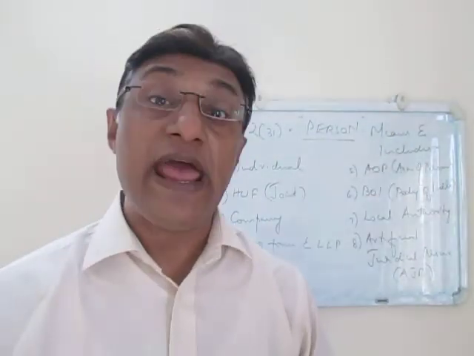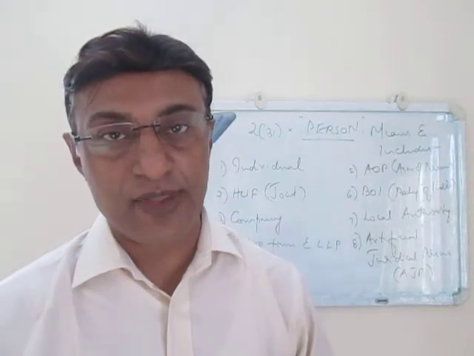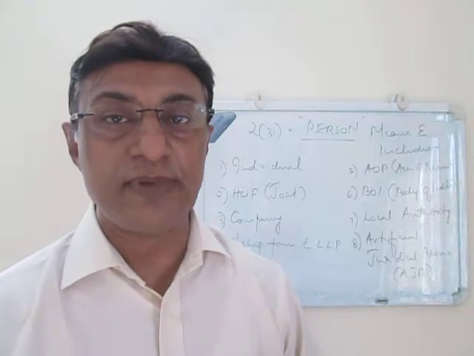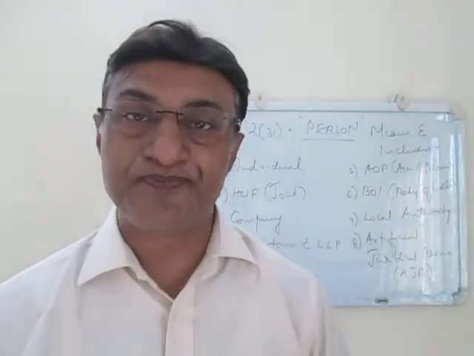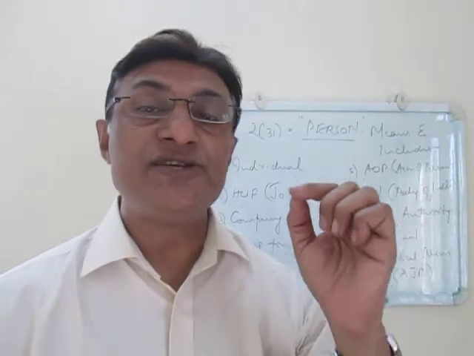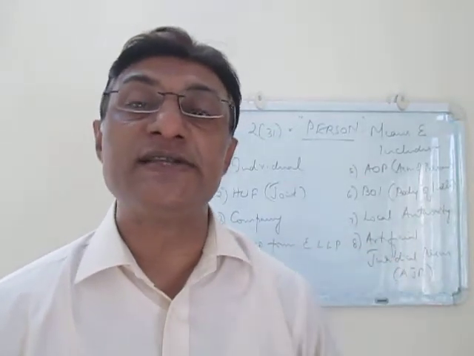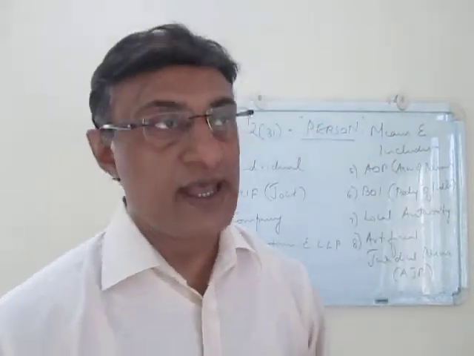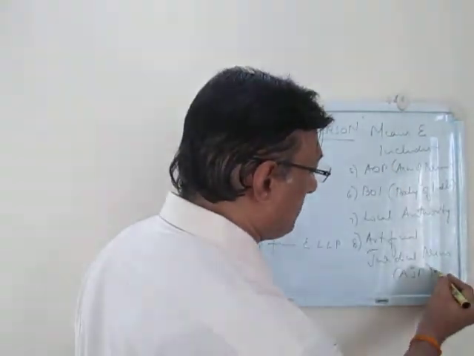So there are 8 entities. What is not important is the order of the list. What is not important is the knowledge of each of these components in that list in that order. What is important is the full stop here.